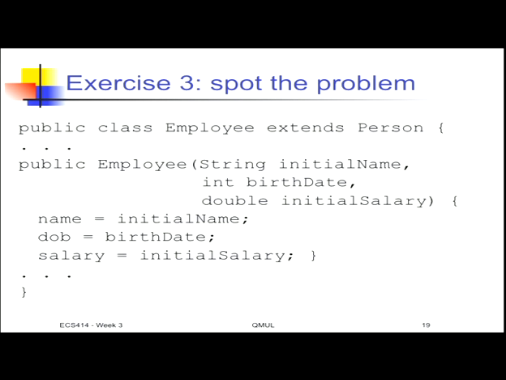And then initialize name, DOB, date of birth, and the salary. Salary is declared inside this class, but name and date of birth were declared in the superclass. So what would happen if we write the constructor this way and try to compile? What do you think?